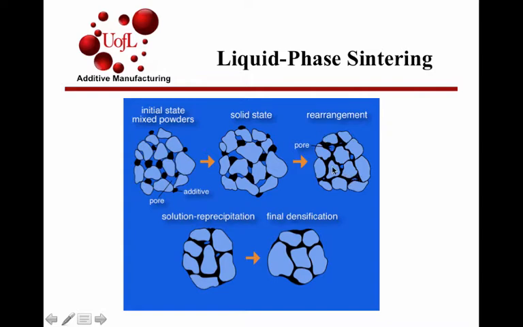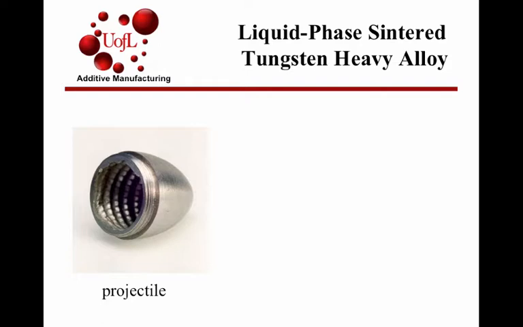In addition, that liquid phase can enhance diffusion of atoms in the solid particles and lead to solution reprecipitation. Final densification is observed. Materials that undergo liquid phase sintering include tungsten heavy alloys, refractory metals with very high melting points. Here's an example of a projectile formed by processing tungsten heavy alloys, the liquid phase being copper or iron nickel components.